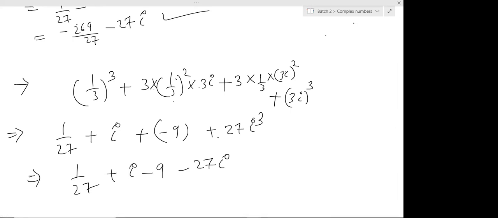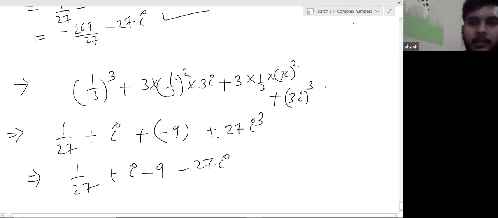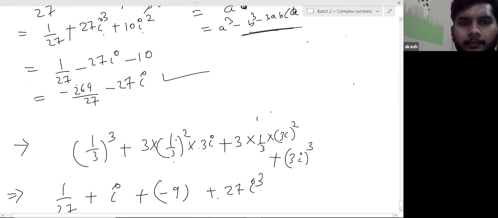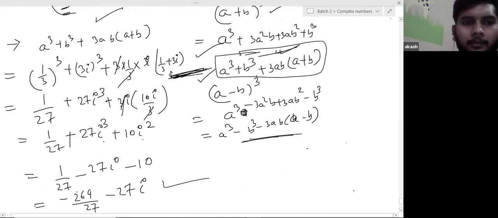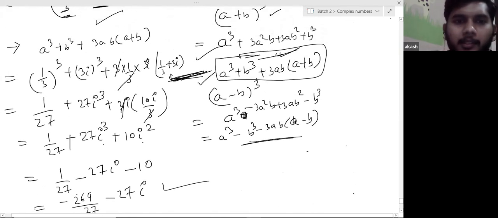This is i plus 3ab square. 3ab square is 9i square. So i square is minus 9. All right. Plus b cube. And did I do that wrong? a cube plus b cube plus 3ab into a plus b, right?